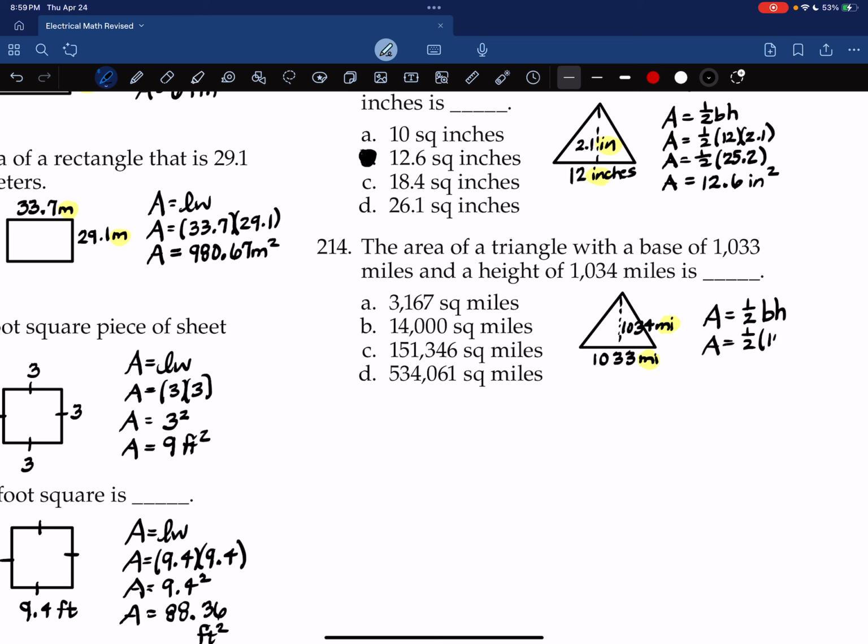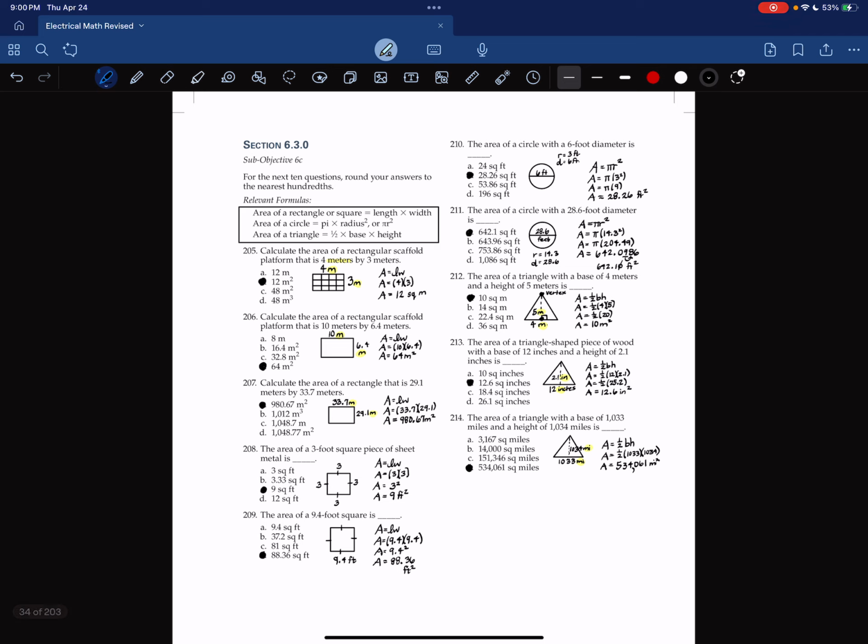A half of 1033 times 1034. And I'm just going to go ahead and make my half be 0.5 since I'm using the calculator anyway. And I end up with 534,061 square miles. And I like answer D for that one. Formulas are a recipe for success.